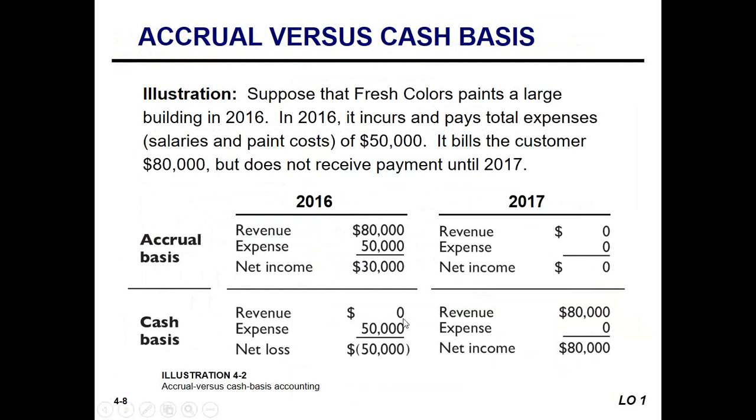On the cash basis, because we received no revenue in 2016, assuming that was the only job the company did, but we did have expenses, we would show a $50,000 loss in 16 and an $80,000 profit in 17. So this is an example that very glaringly shows you how, by using cash basis instead of accrual basis, can really misstate financial statements.